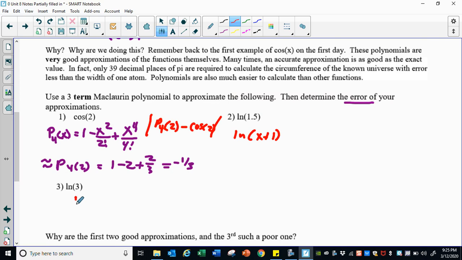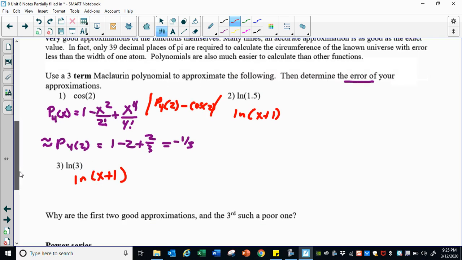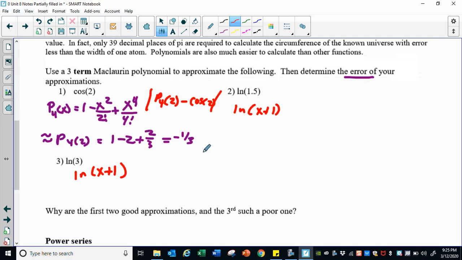Well, over here, if I'm using the polynomial for natural log of x plus 1, I would have to plug in 2 into it. So I'm getting further away from the center, which there's no way for you to know how bad of an approximation it is yet, but what ends up happening is this approximation is going to be a whole lot closer to the real deal than this approximation.